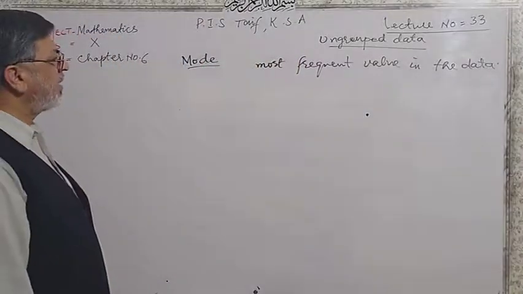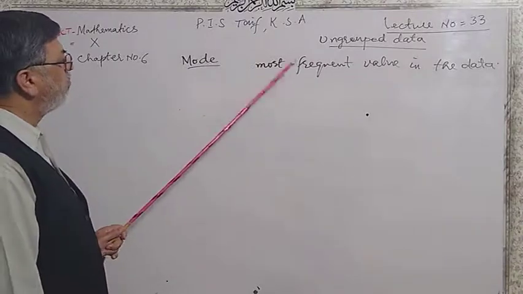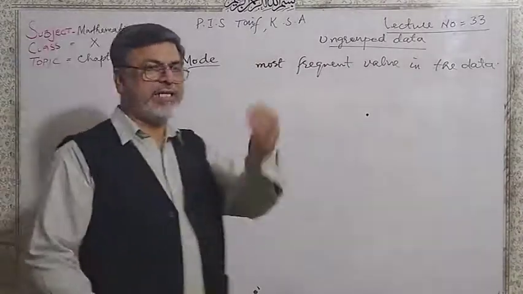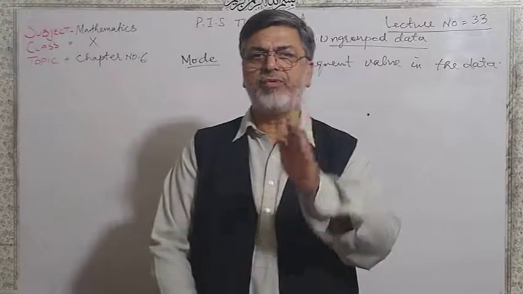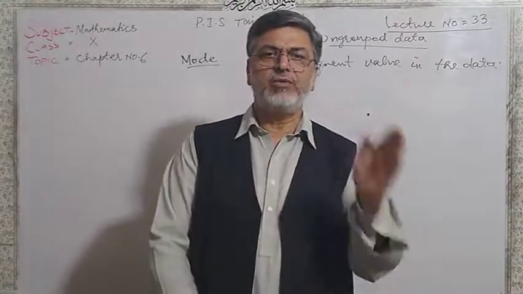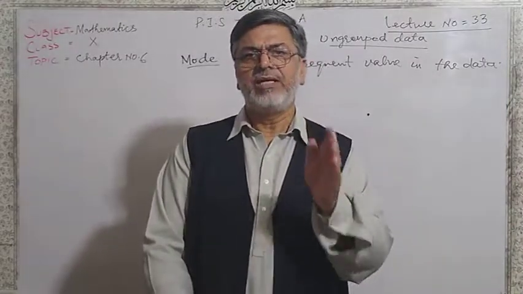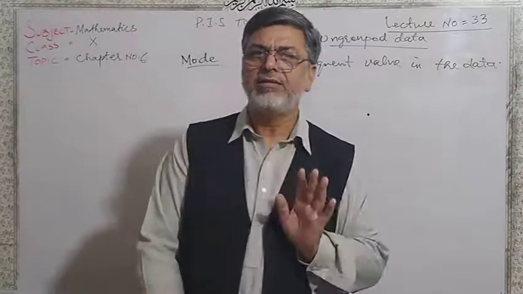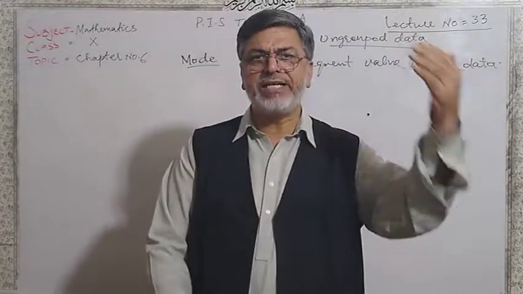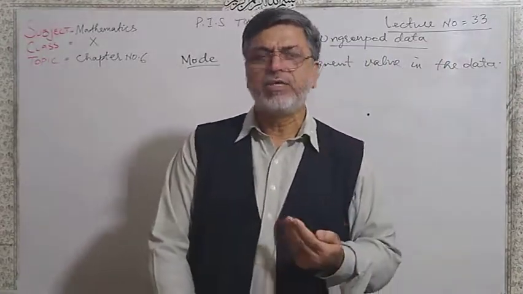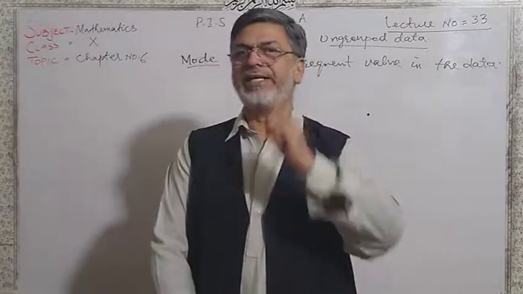So you can check the most frequent value in the data, for example 1, 2, 3, 4, 4, 4, 5, 6, 7, 8. So 4 is repeated three times, so that is the mode of the data.